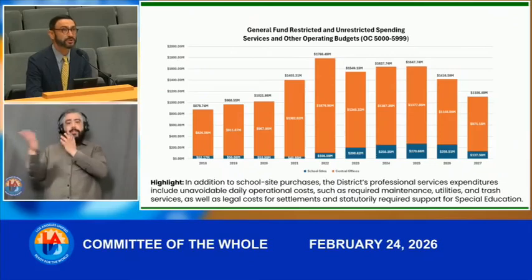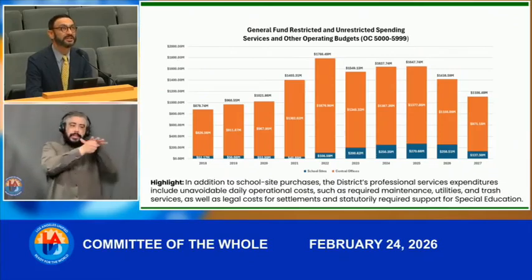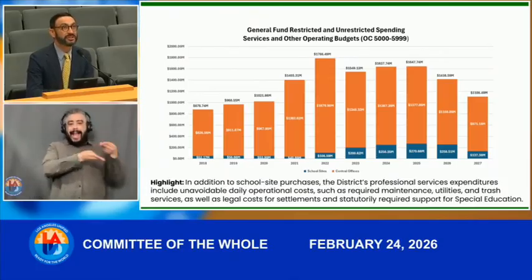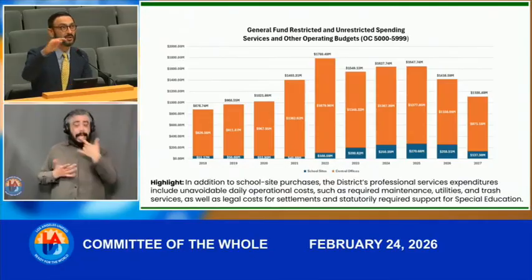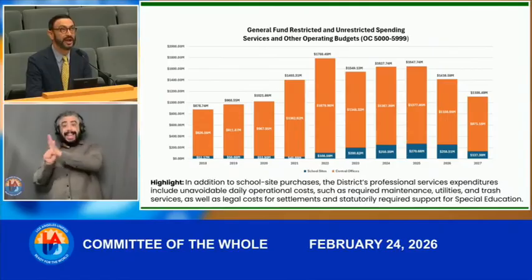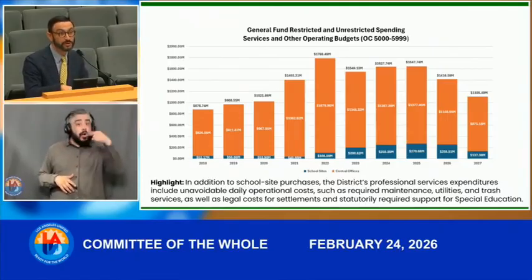And then in the blue, you'll see the school site portion of these other operating expenses. You'll see a trend of substantial increases through the pandemic years and then a reversion starting thereafter. And that's true not just for the central office, but also for schools.